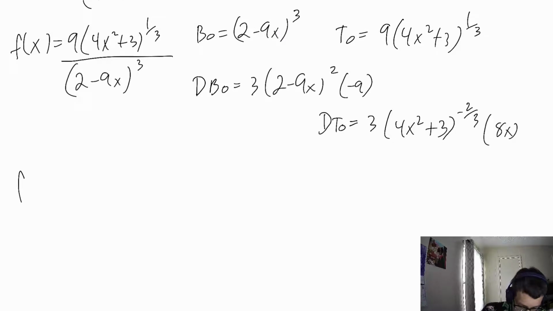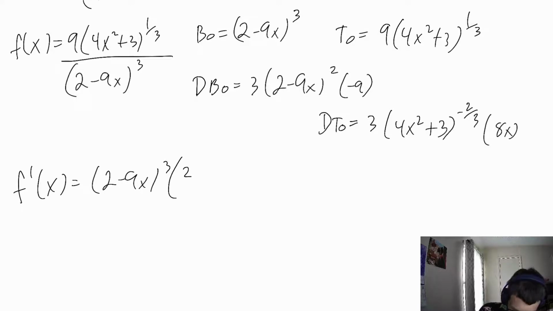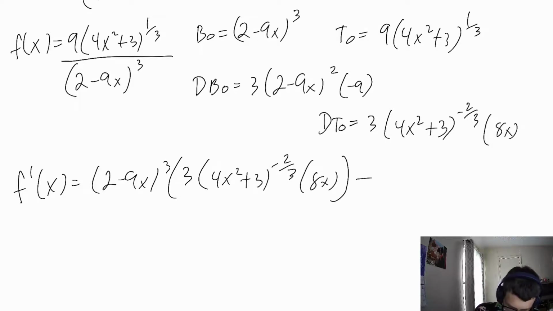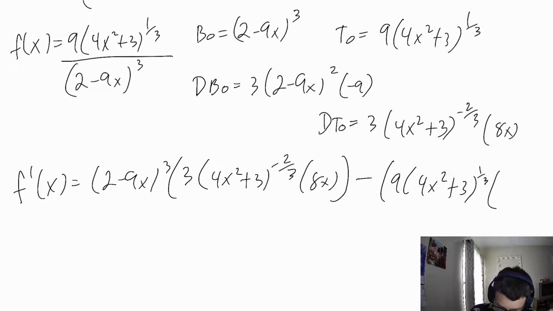If we throw them all together, we get that f prime of x is bottom times d top, minus top times d bottom. I'm going to run out of room, aren't I?